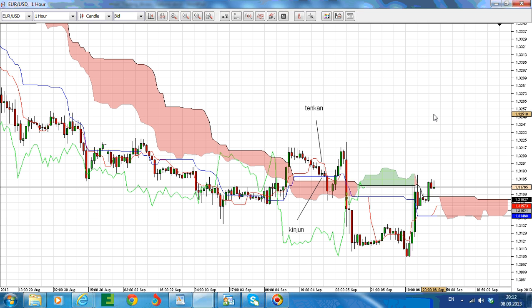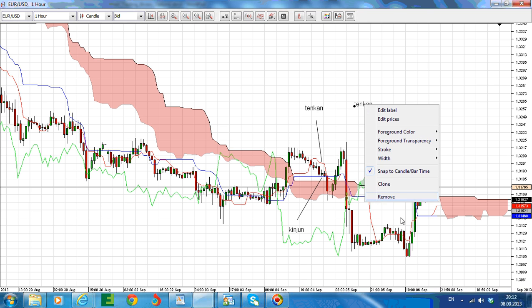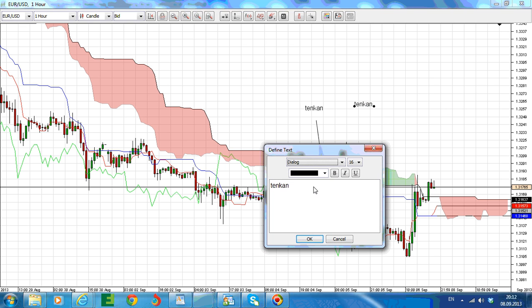And basically based on these two lines, we are looking for our first strategy. So the first thing to look for when a trend is weakening is the cross between the Kinjun and the Tenkan line. So we are looking for a Kinjun Tenkan cross.